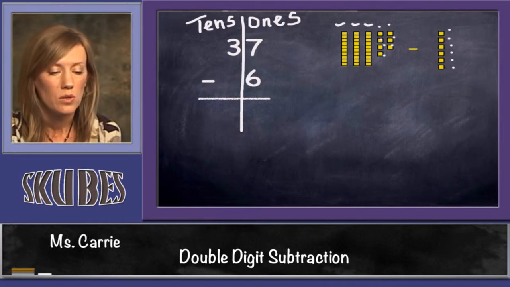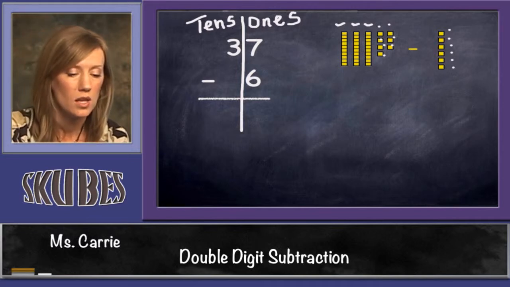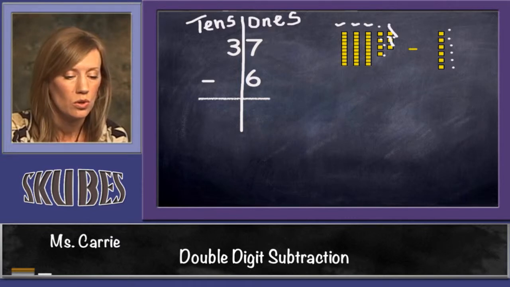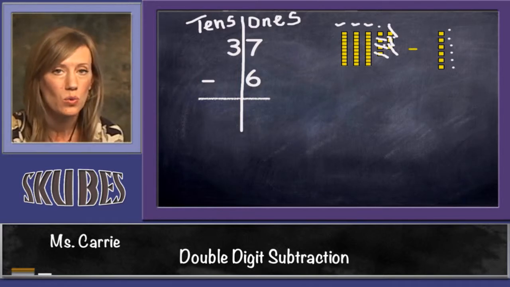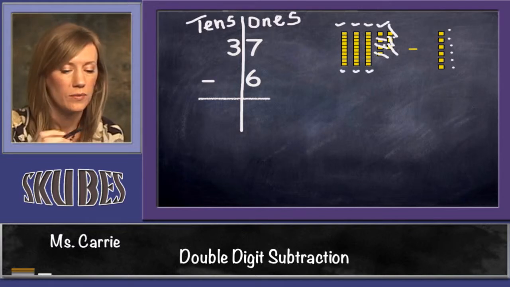Now what I'm going to do to the picture, since we're taking 6 away, is X out 6 ones. So I'm going to take 1, 2, 3, 4, 5, 6 of my ones away and see what I have left over. Well, I have 10, 20, 30, 31.